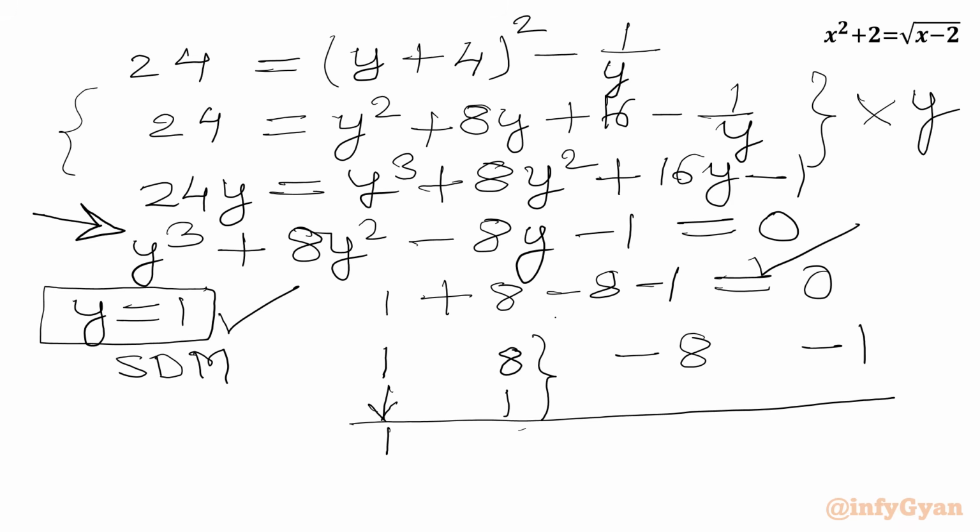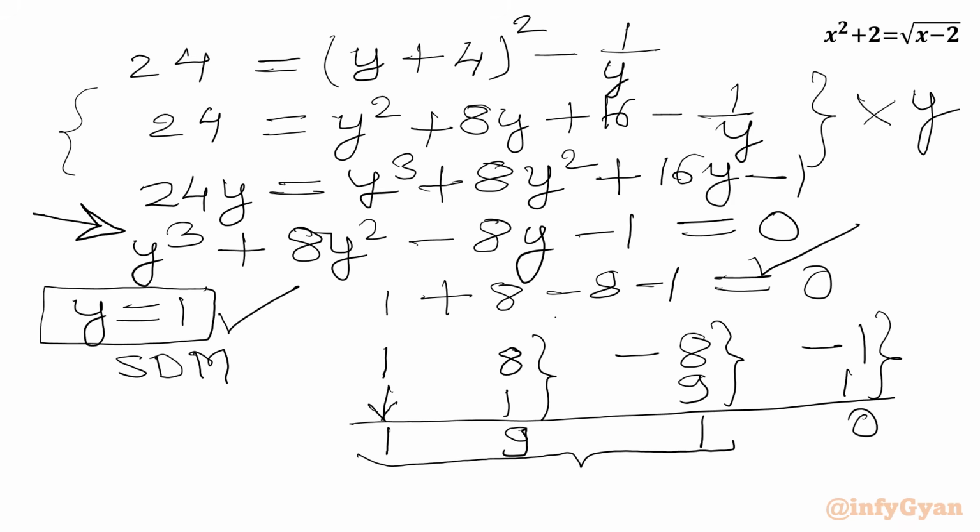We will add these two numbers and write 9 here. 1 times 9 is 9. Just by adding these two, we can write 1 here. 1 times 1 is 1. Here we'll be getting 0. So these are the coefficients of the quadratic equation. We can write y square plus 9y plus 1 equal to 0.